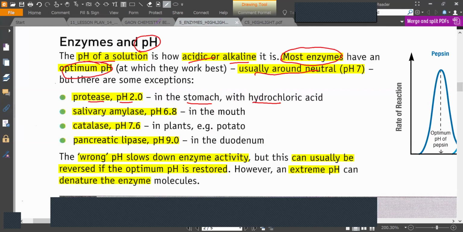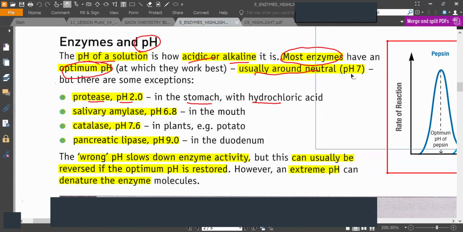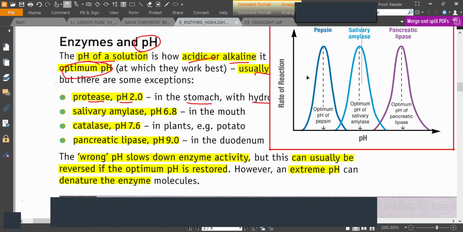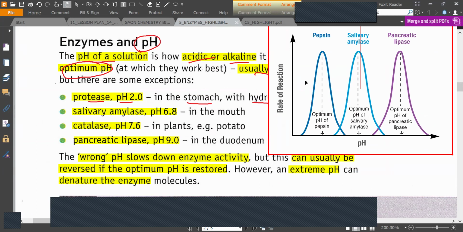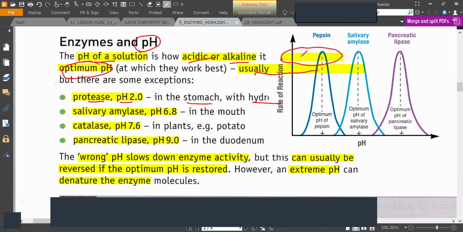We can see in this picture: the optimum pH of pepsin, a protease, is quite low, pH 2.